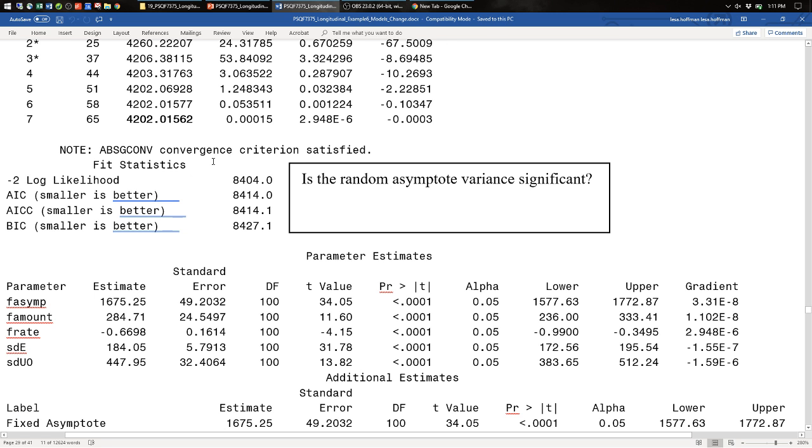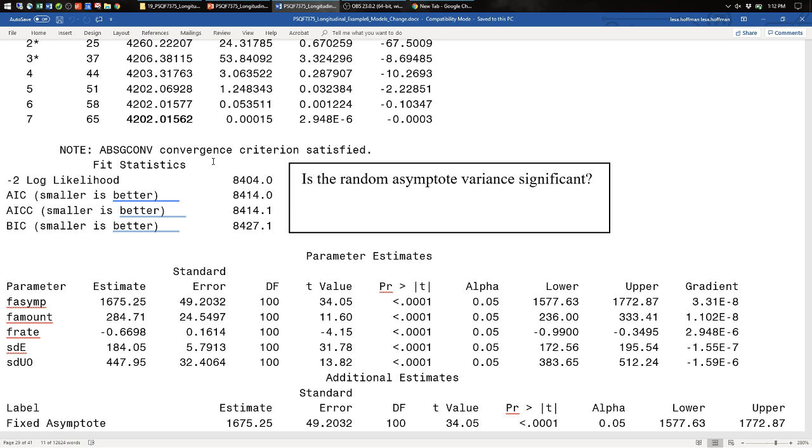So in this case, how do I know if my random asymptote variance is significant, if it helps the model? Any guesses? Even though you've never seen a random asymptote in your life, or maybe you have, I'm guessing it. Well, how do I know if a random anything helps? -2 log likelihood.